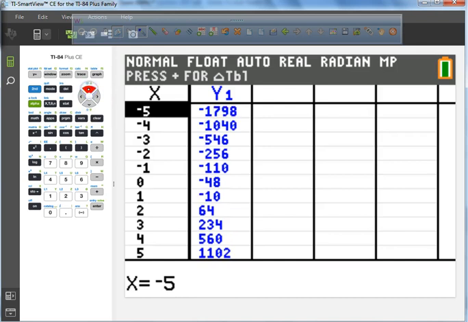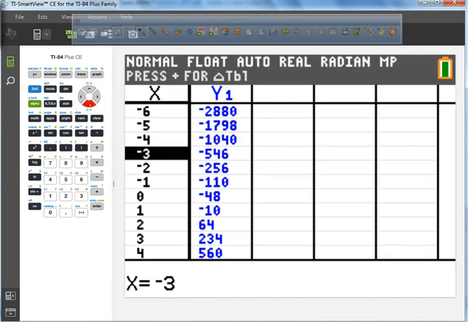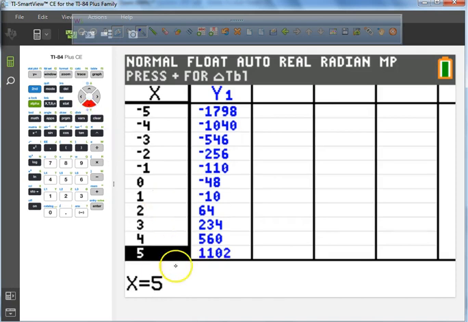You can really tell that this graph is really, really negative and heading towards negative infinity. And guess what? What's the end behavior? As x is approaching positive infinity, y is approaching positive infinity. As x is approaching negative infinity, y is approaching negative infinity.